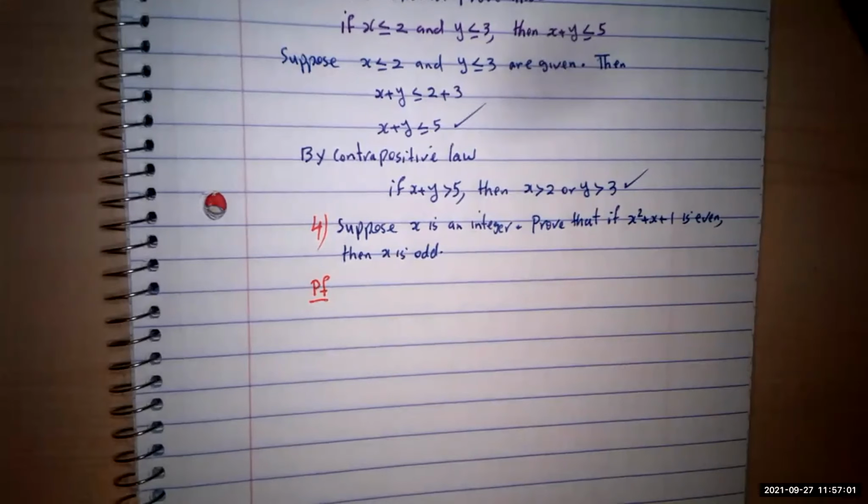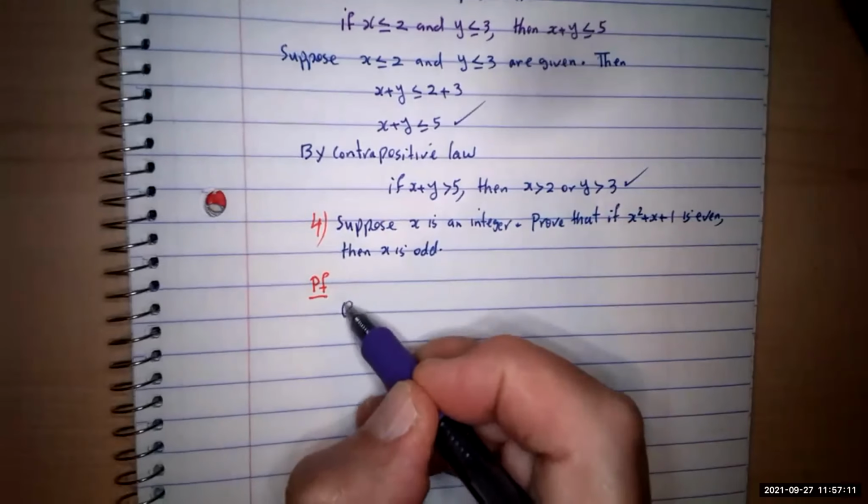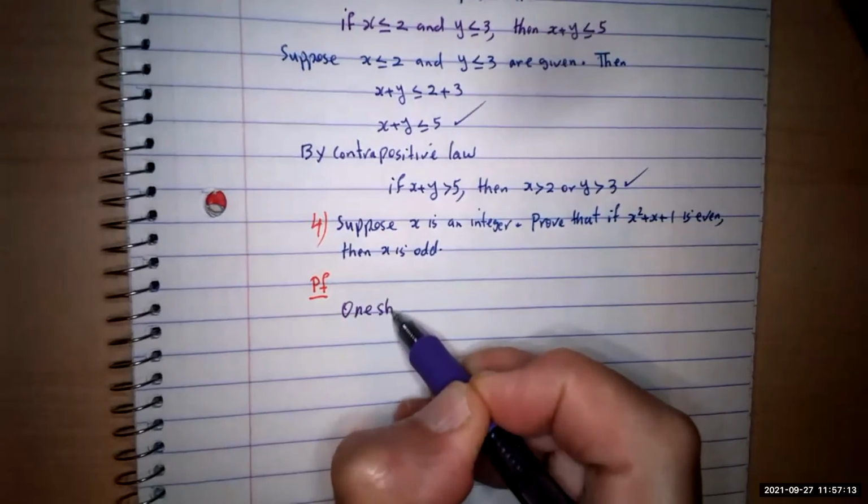If x is even, then x squared plus x plus 1 is odd. That's it. Yes, excellent.